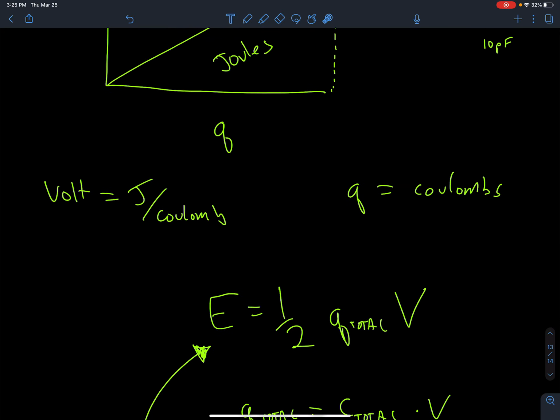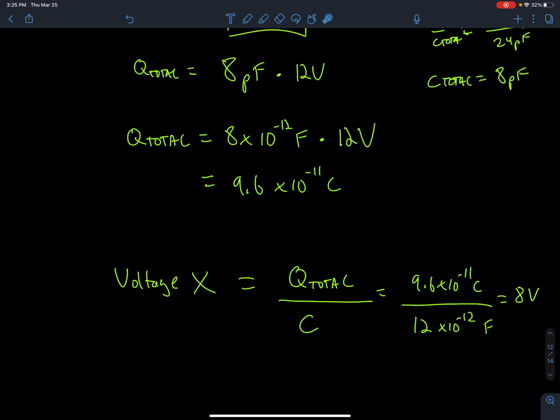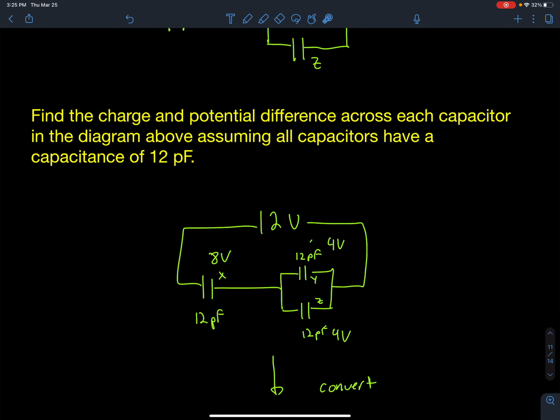If I go back to that previous question that we looked at, in addition to asking the voltages, they can ask you what is the energy stored in each of these capacitors. So 1/2 C times V squared would give me the amount of joules stored there. Pretty easy.